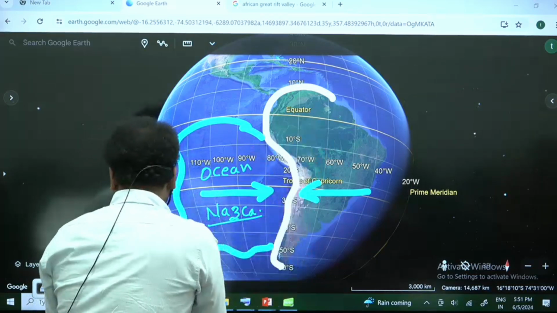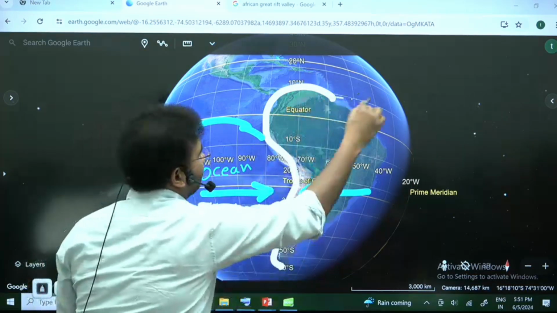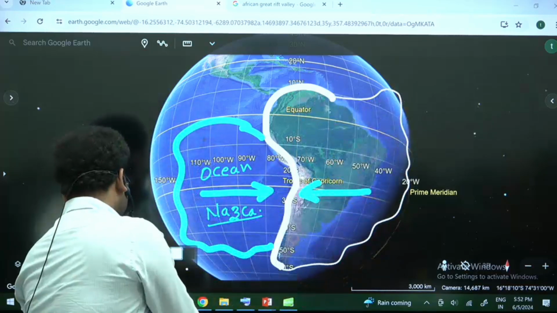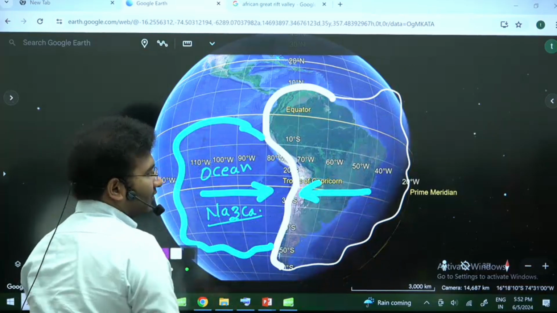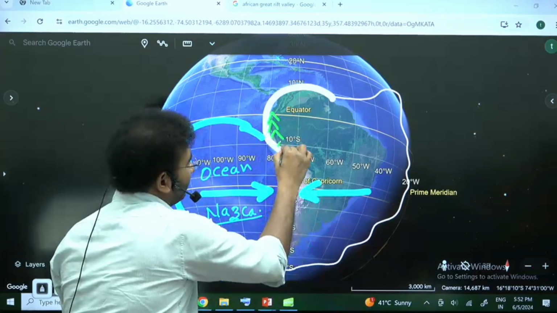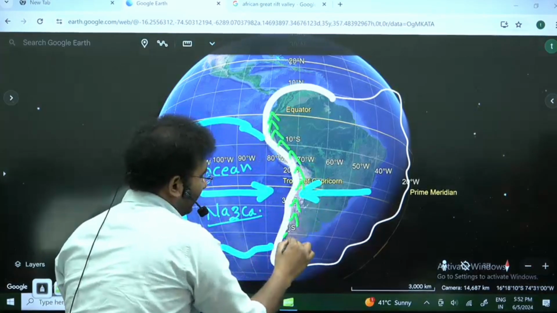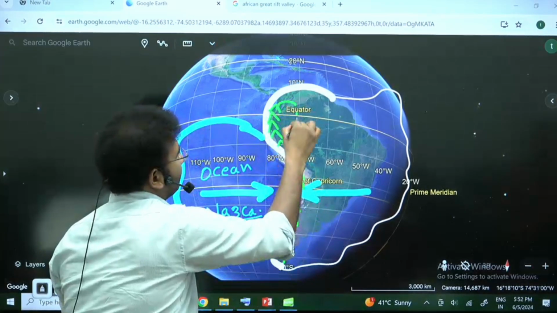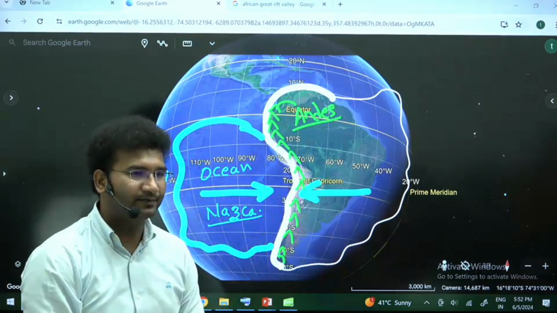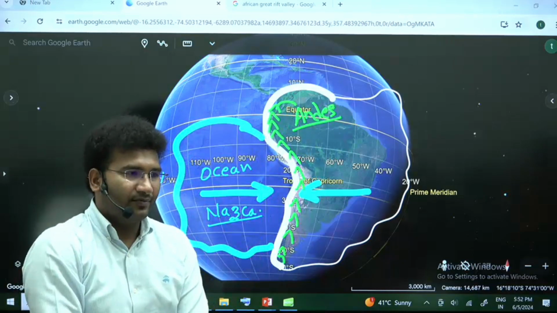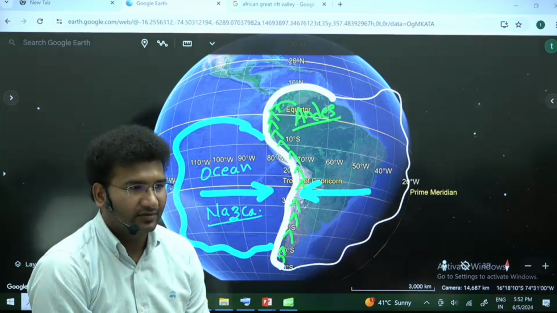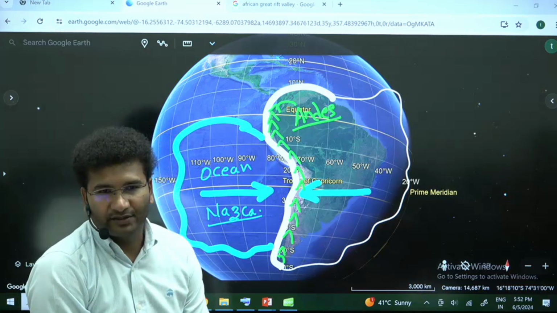Likewise, this continent which is there, the size of the plate is like this. Right? Here, you will get to see the mountains formed on the continent. And the name of these mountains is Andes. You can open your atlas and look into it. Okay? Andes Mountains. The South America.